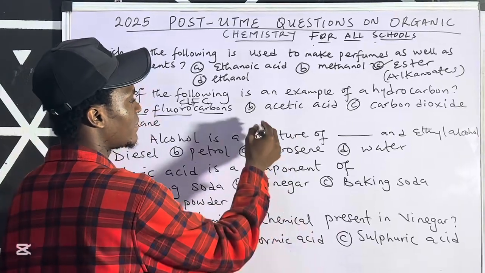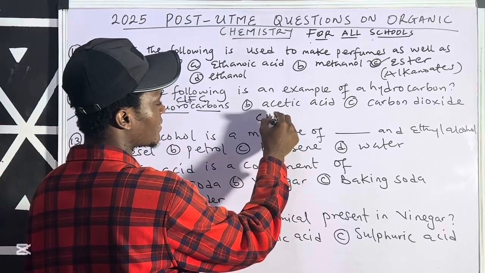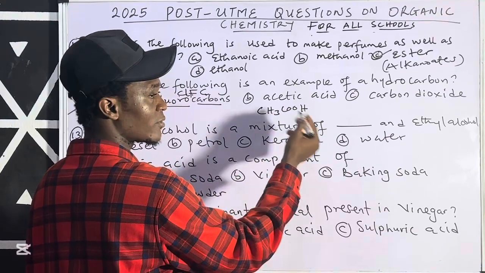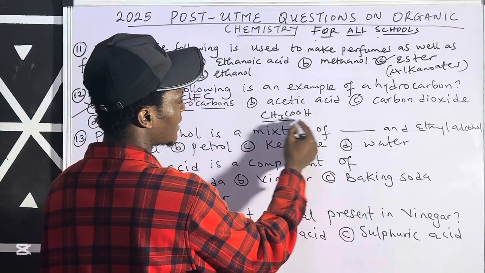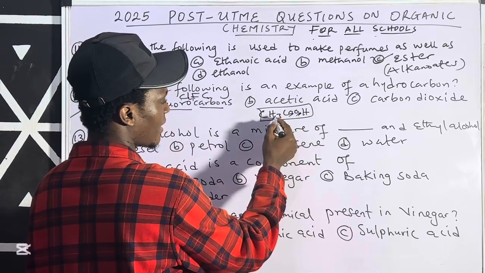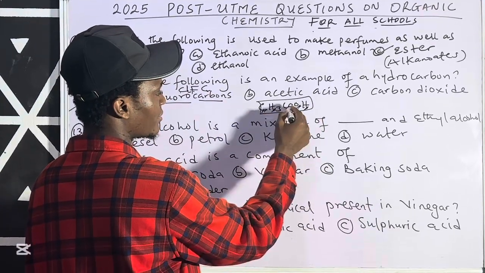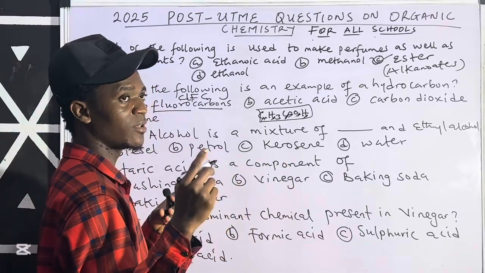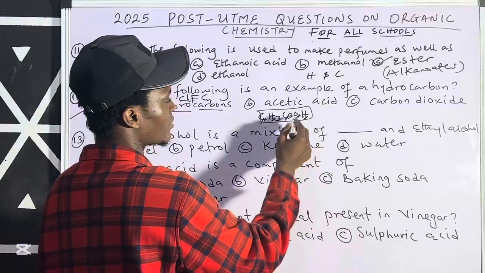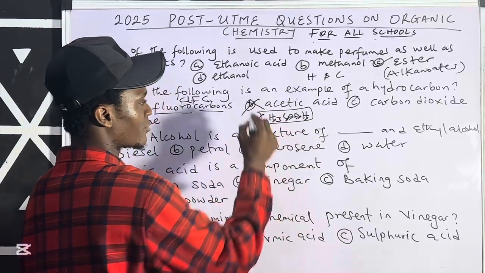Acetic acid is having the formula CH3COOH, meaning two carbons. Acetic acid is also called ethanoic. So looking at this guy now, this contains oxygen, hydrogen and carbon. But what did I say about hydrocarbons? They only contain two elements, and that is hydrogen and carbon. So since you have oxygen here, this is also wrong.